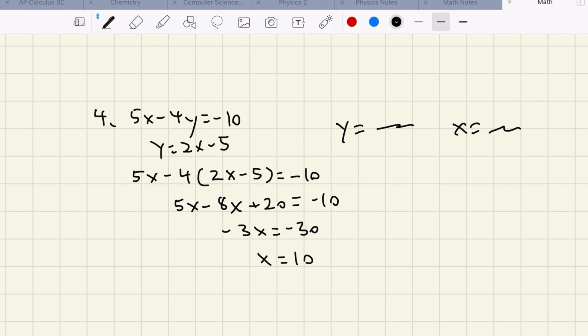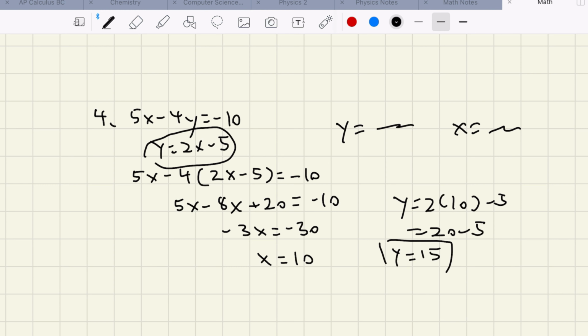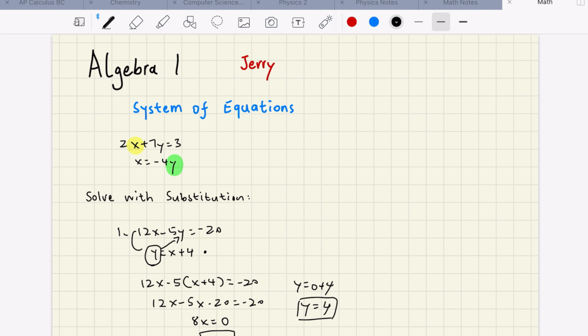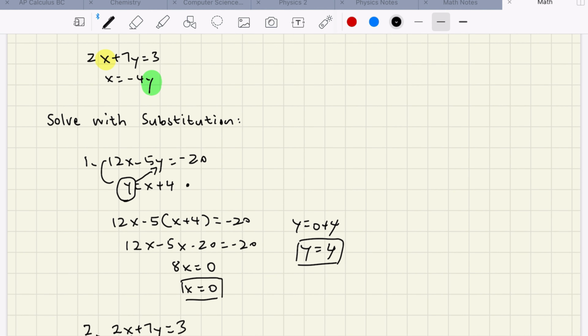Now you can plug it into any of the equations, and I'm going to do the second one. y equals 2 times 10 minus 5, equals 20 minus 5, and y equals 15. So that's the substitution method on how to solve a system of equations.